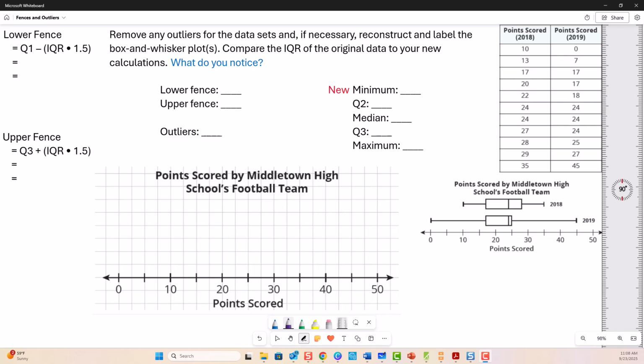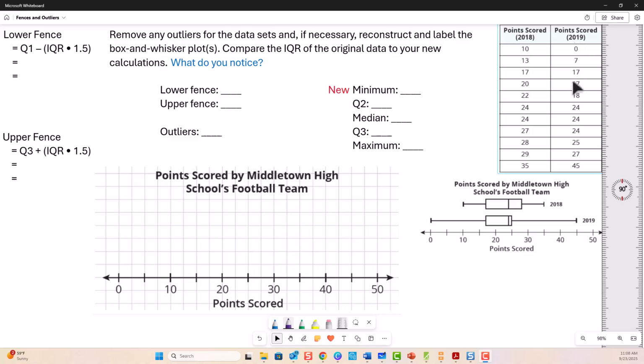Now we want to turn our attention to outliers and how to identify them, which is going to involve our upper and lower fences. I have here my raw data and some box plots for the points scored by the Middletown High School's football team in 2018 and 2019.